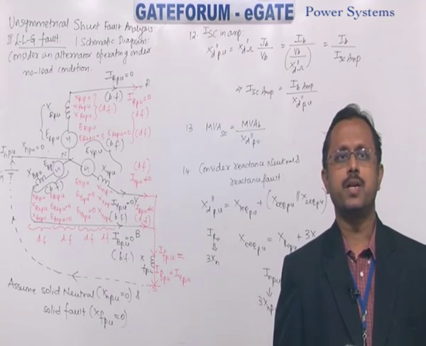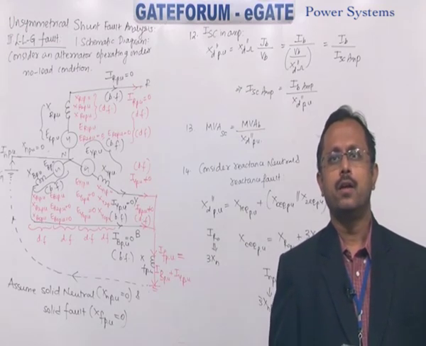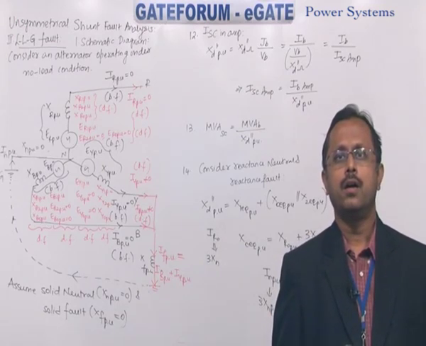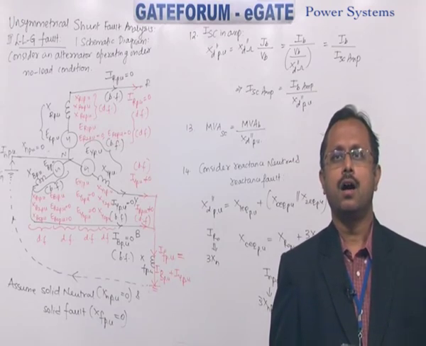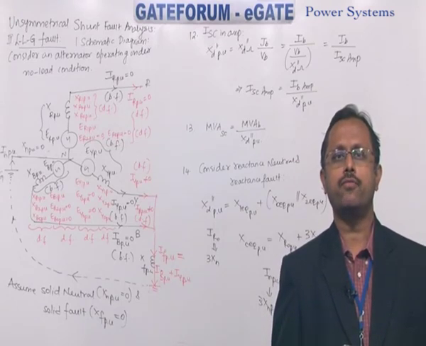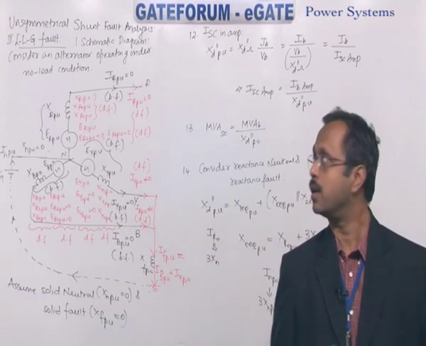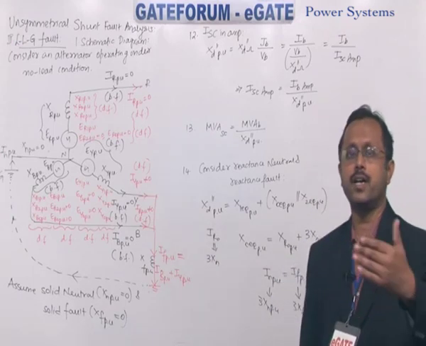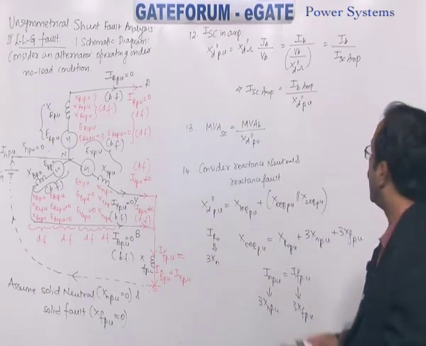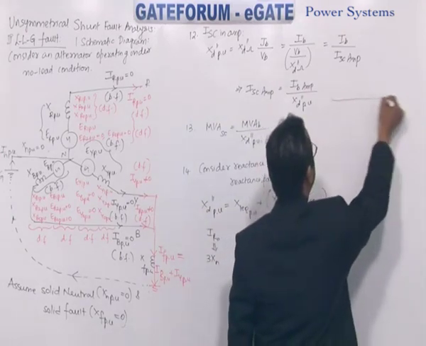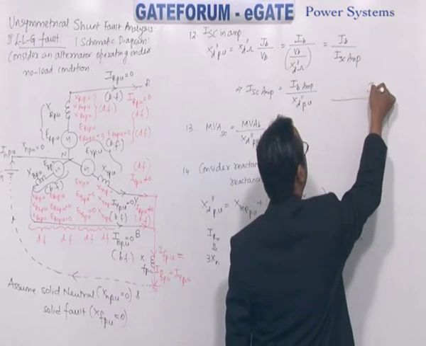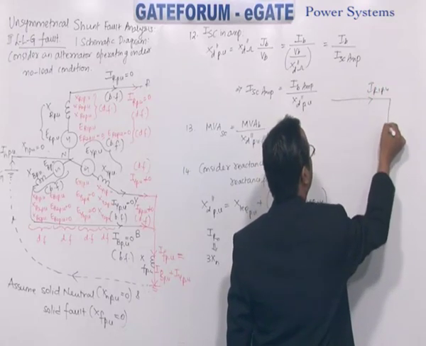The last question is by Sanju. In LLG connection, how do IR0 and IR2 flow in opposite direction to IR1 mathematically? Please refer the equivalent circuit. IR1 is flowing like this, the sequence network.